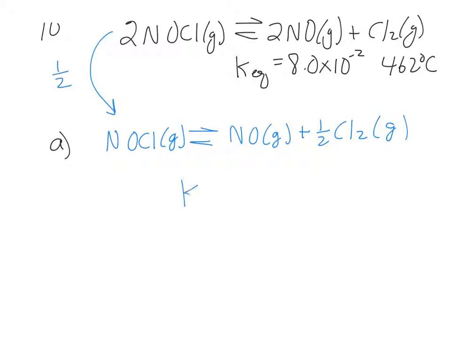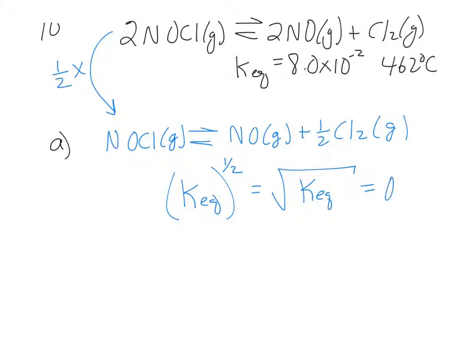So we're going to take the K equilibrium and we're going to raise it to that power because we did 1/2 times that, so we have to raise it to the 1/2. What's the 1/2 power the same as? The square root. So this means that it's the square root of the original K. So what do you get? Square root of 8 times 10 to the minus 2? 0.283.